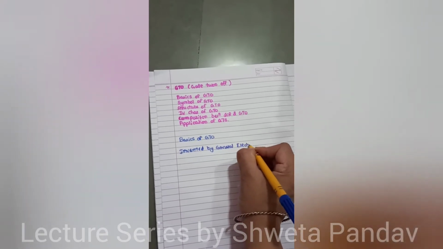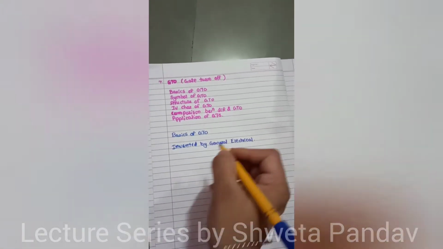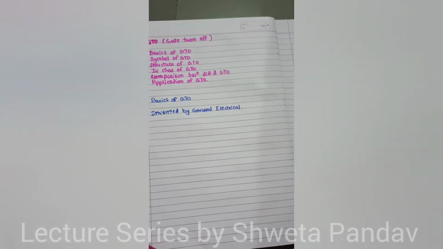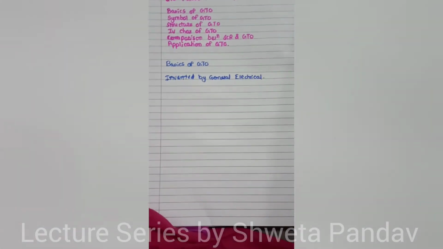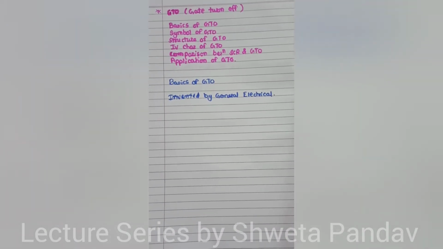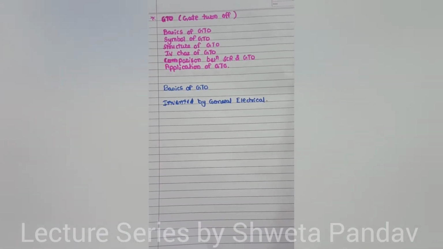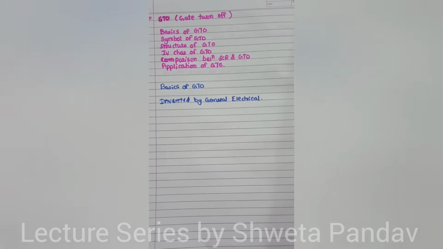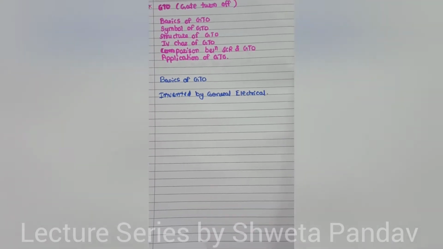It is near about similar to the SCR. The only difference is that the GTO is turned off with the help of negative gate pulse, while the SCR will not be turned off with the help of negative gate pulse.